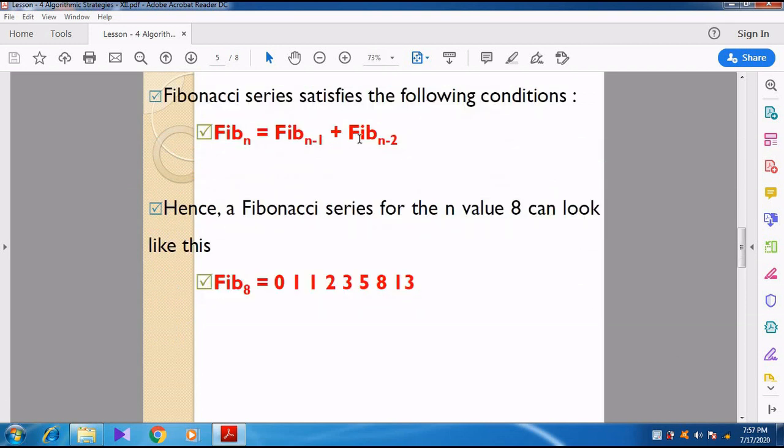What is the condition for the Fibonacci series? Fib of n is equal to fib of n minus 1 plus fib of n minus 2. So if you are taking n terms, you add the n minus 1 and n minus 2 terms, and that should be assigned to n.